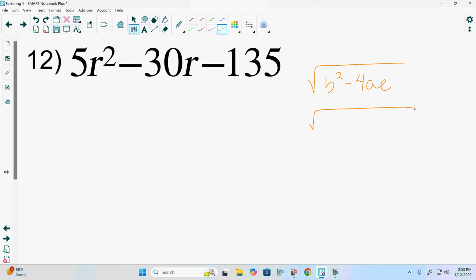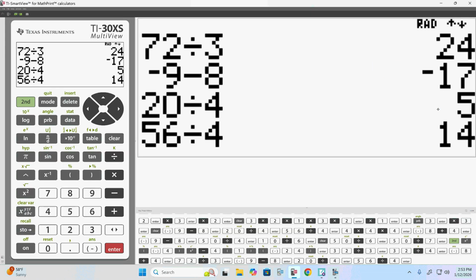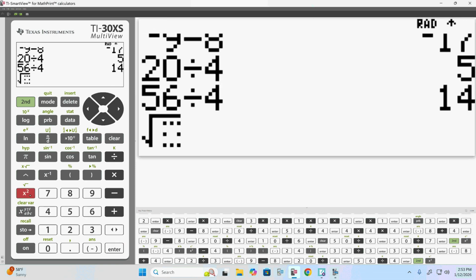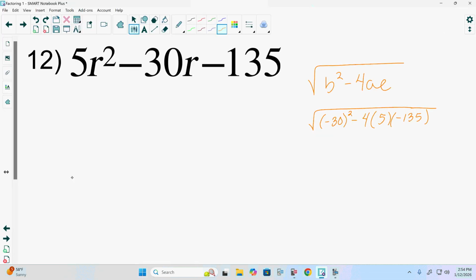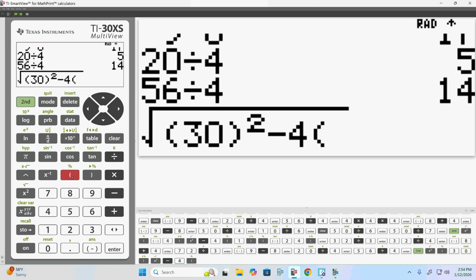And if I wanted to check this here, b, in our case, is negative 30, minus 4 times a, which is 5, times c, which is negative 135. So I can grab a calculator and take the square root of 30 squared minus 4 times 5 times negative 135.